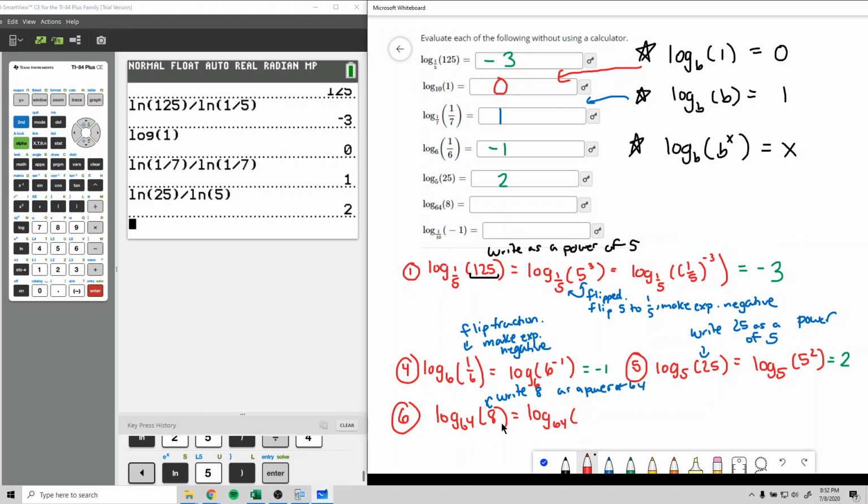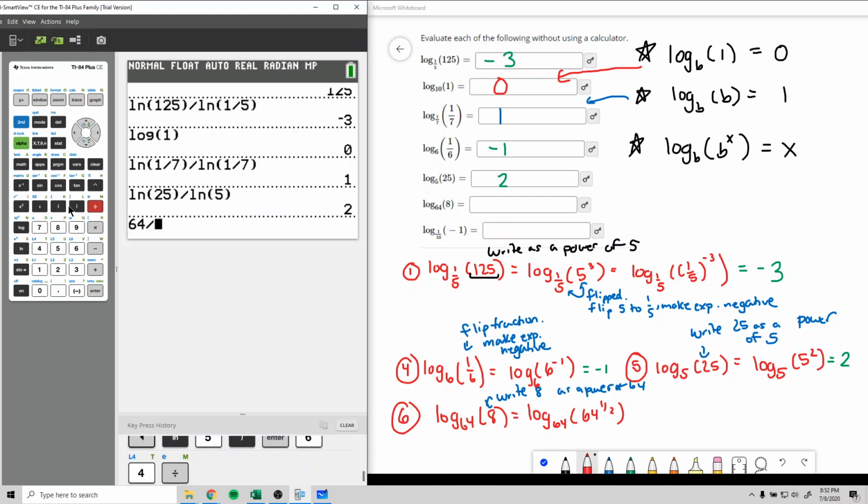But what that's saying is 8 is 64 to the 1/2 power, or the square root of 64. But you're going to want to keep it as an exponent like that.